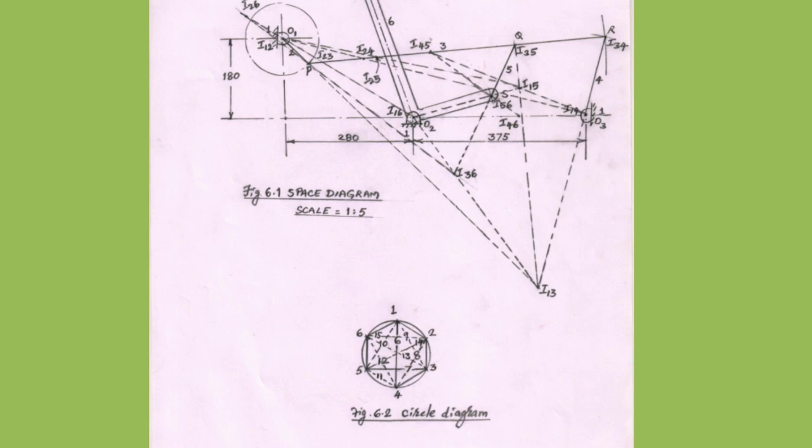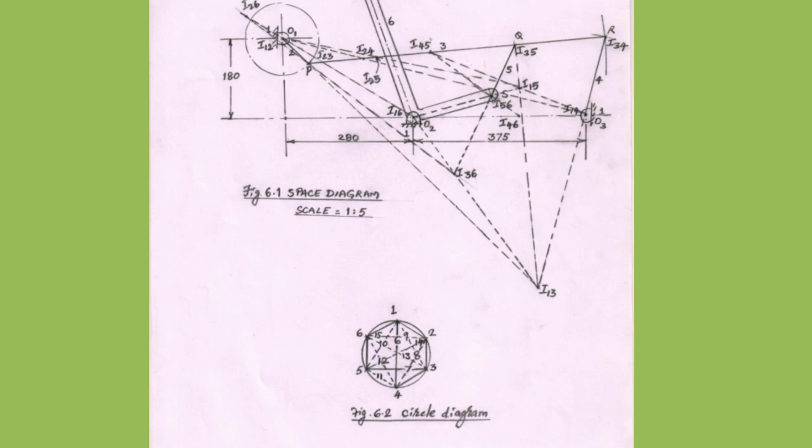And 1, 6 is at O2 point. So 1, 2, 2, 3, 3, 4, 5, 6, 1, 6, and 1, 4 is also available. Where is 1, 4? That is at O3 point. So that is 7 instantaneous centers readily available. In the previous problem it was 8. In this problem only 7 instantaneous centers are readily available before any Kennedy's theorem is used.